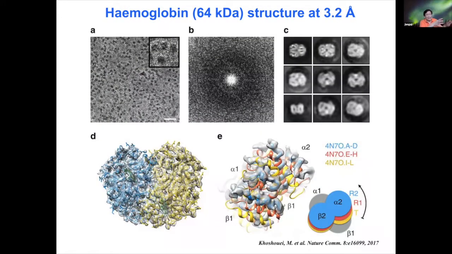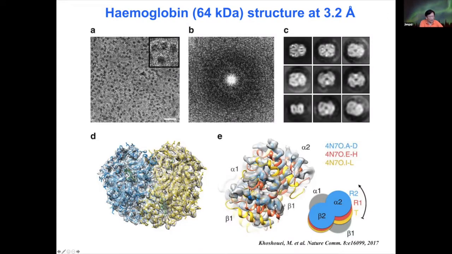In the next slides, I will quickly go through a few examples showing that Cryo-EM can do a wonderful job. On this slide, I'm showing a famous example for structural biology, hemoglobin, a 64 kilodalton protein. It's possible to collect Cryo-EM images and then use computational analysis to evaluate the quality of the images, get class averages, and then use the individual images to build a three-dimensional model.